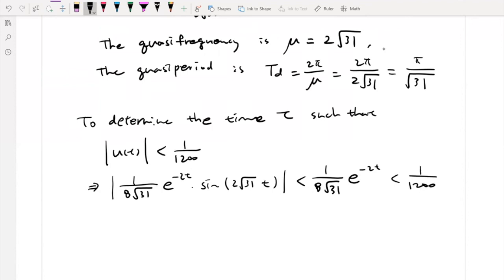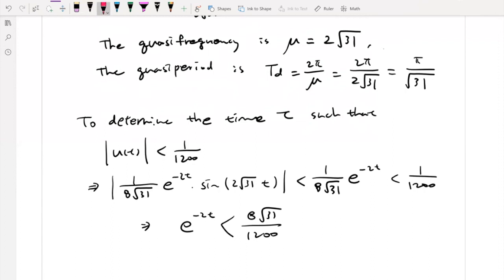Let me multiply 8 square root of 31 on both sides. Then e to the minus 2t is less than 8 square root of 31 over 1,200. Let me simplify.